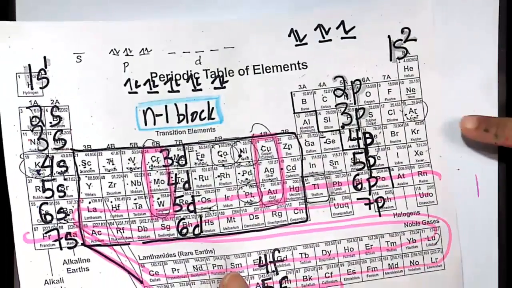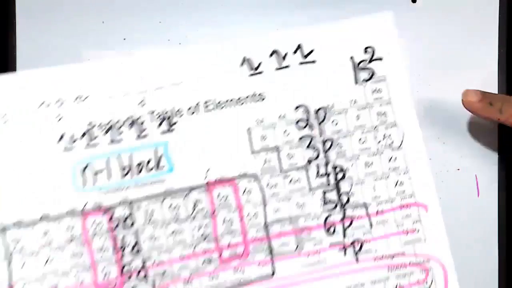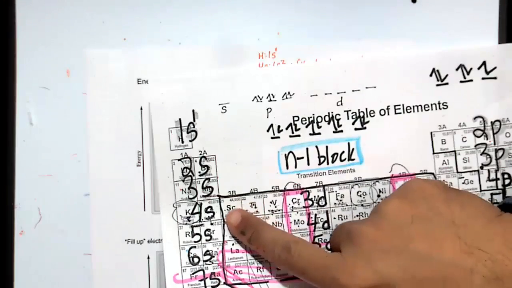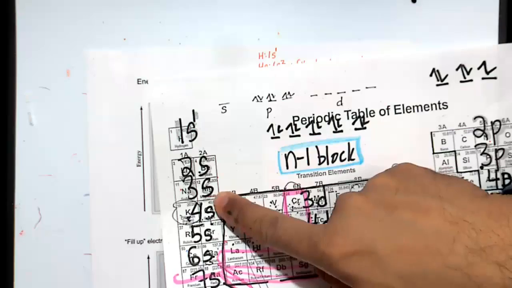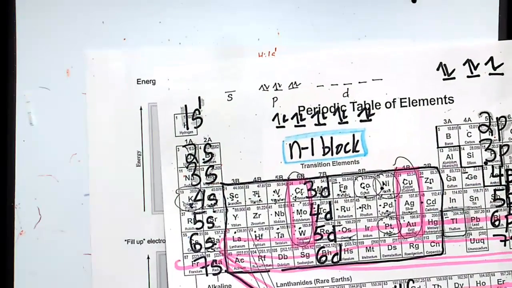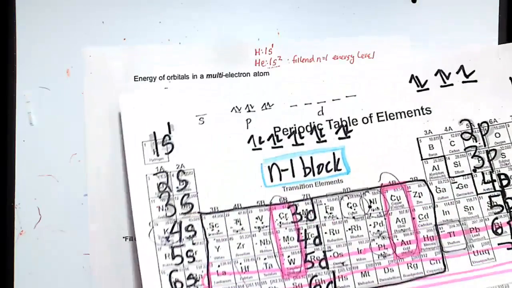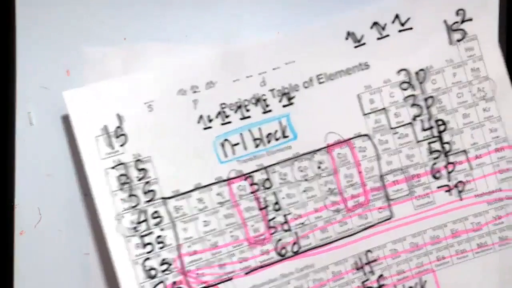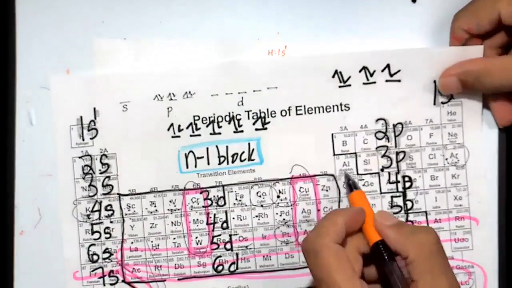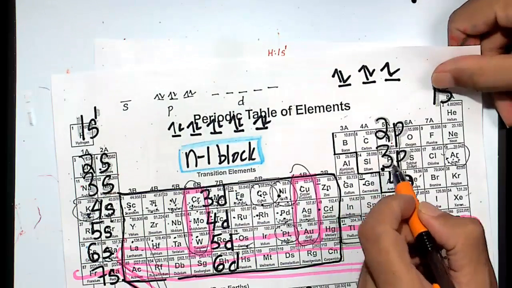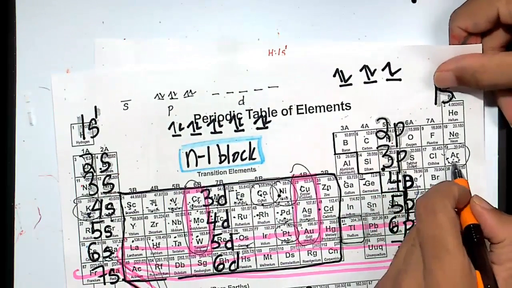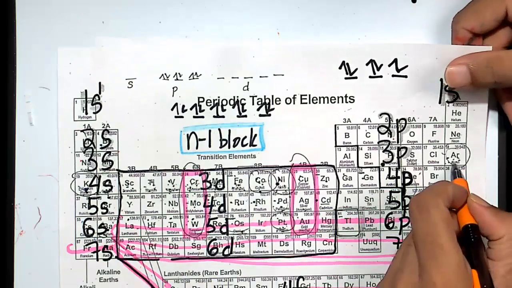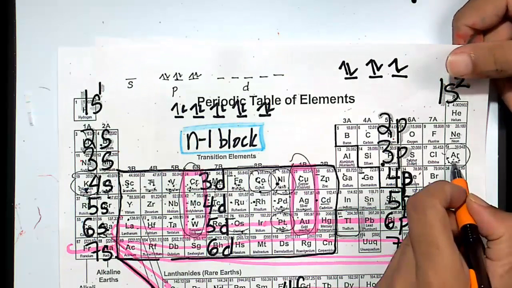Remember the 10 electrons from neon, plus the 2 electrons here give you 12. So 12 electrons for magnesium. This can go on, so on and so forth. 3p1, 3p2, 3p3, 3p4, 3p5, 3p6. Argon has a filled n equals 3 energy level.